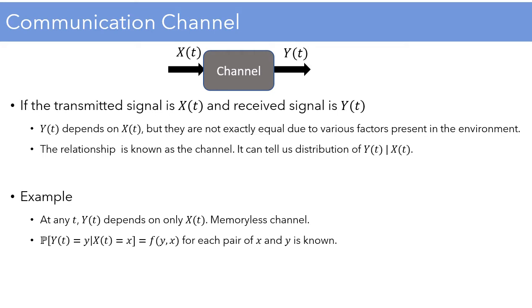So in that case, no matter what was sent a second ago, the received signal only depends on the current transmit signal. So for such a channel, if you know the conditional distribution of yt equal to y, given that xt is equal to x, for every pair of x and y, then you basically know the complete channel.